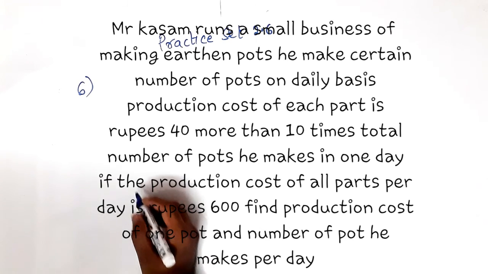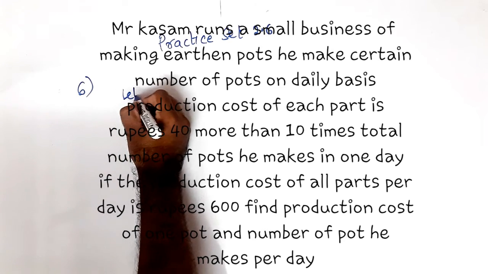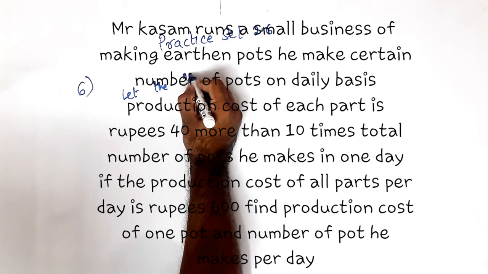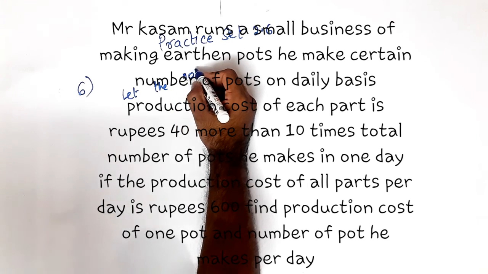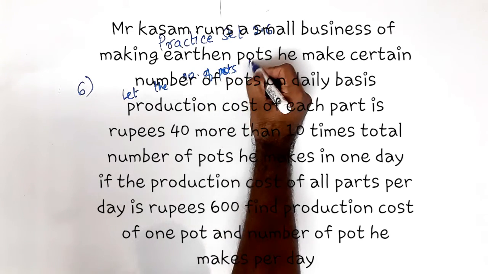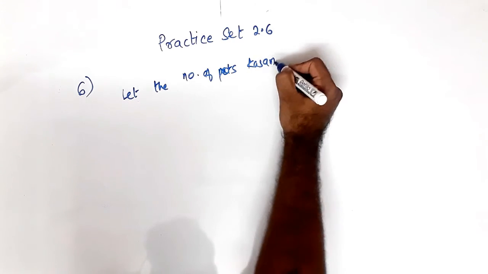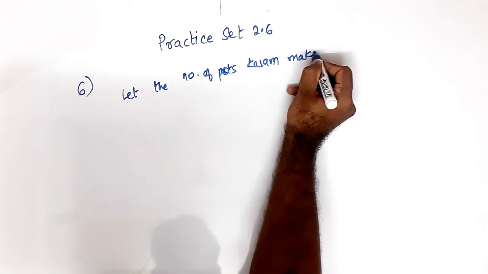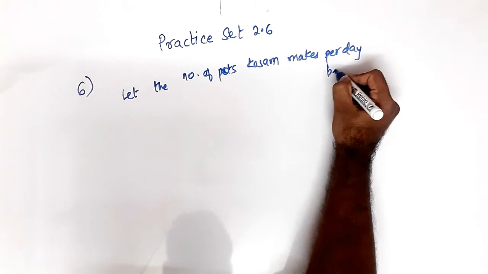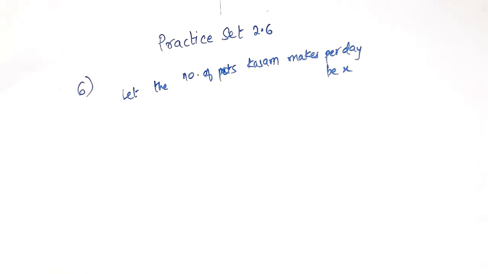Okay, so whatever they have asked, let us consider it as x. Let the number of pots Kasam makes per day be x. So he makes x number of pots every day.